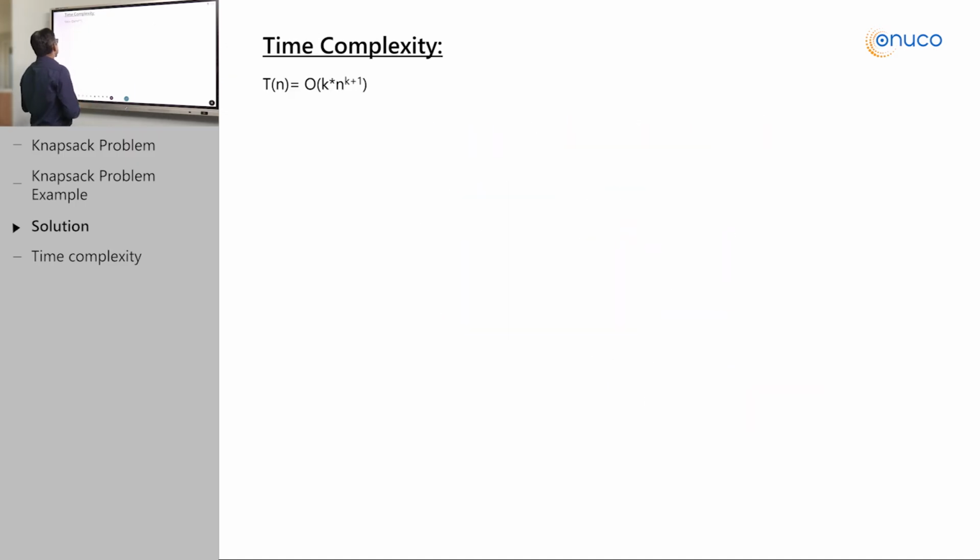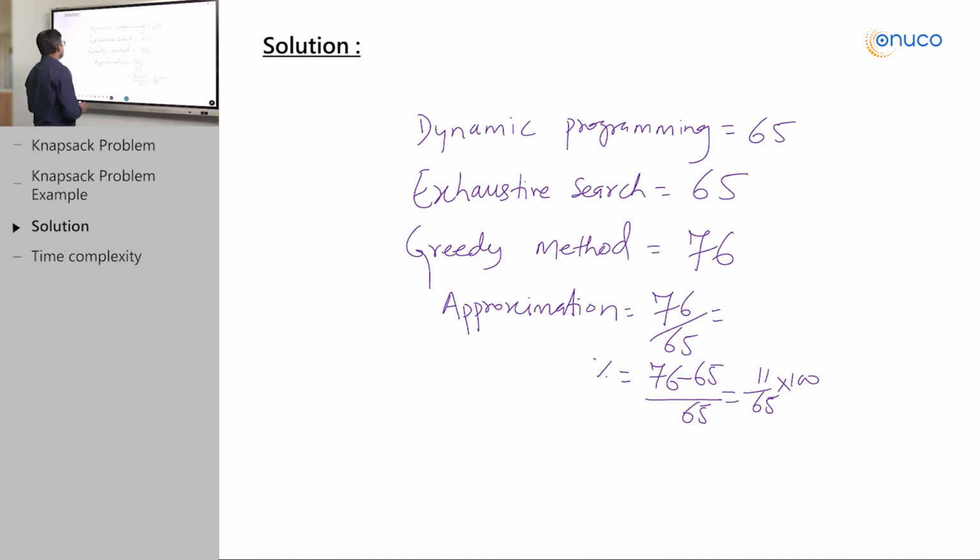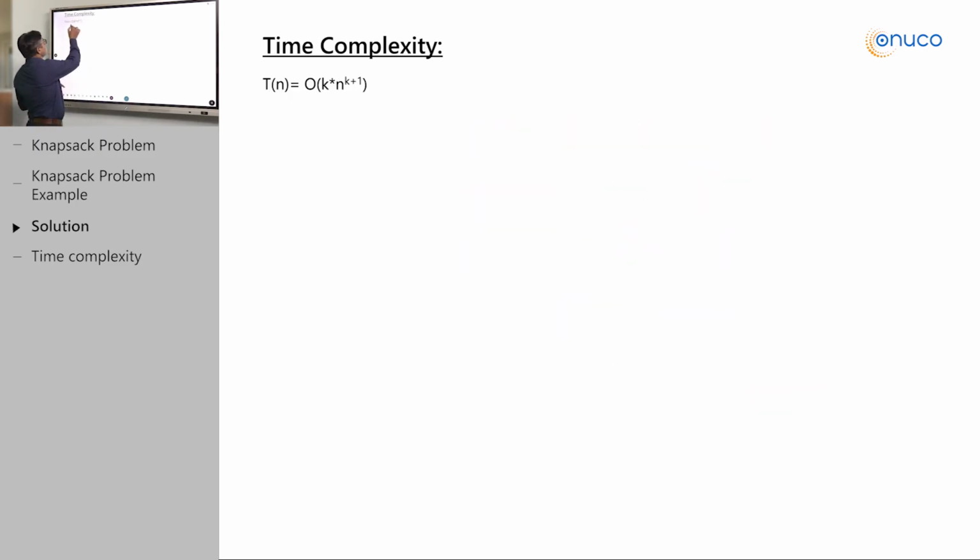Now next, we are talking about the time complexity. What is going to be the time complexity? In exhaustive search, you find the possible solutions for all the given subsets, so the number of subsets is 2 to the power n. But by using these approximation algorithms, the complexity is k into n to the power k plus 1.